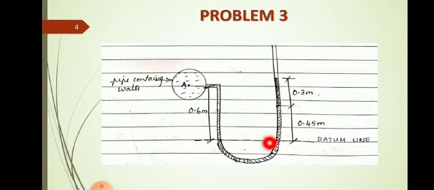So from here 0.45 meter above. So up to here it is mercury. So mercury is from here to here. And what is there above mercury? Above mercury, benzene is present for a height of 0.3 meter.